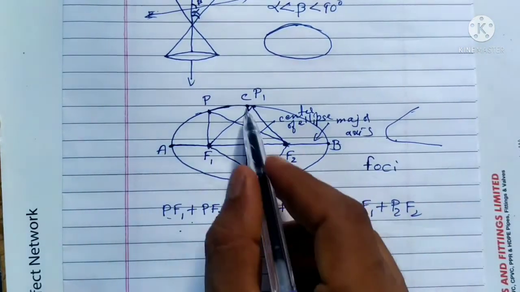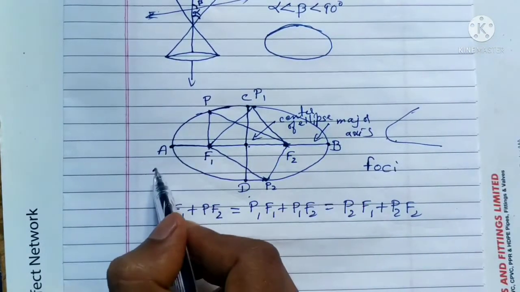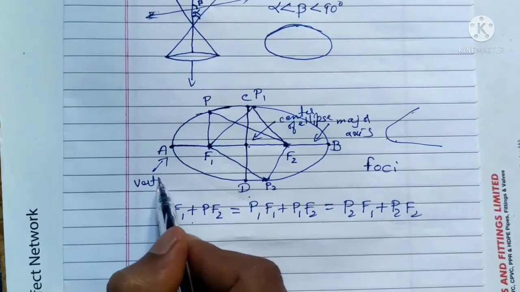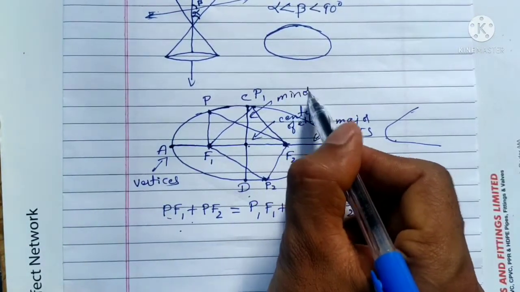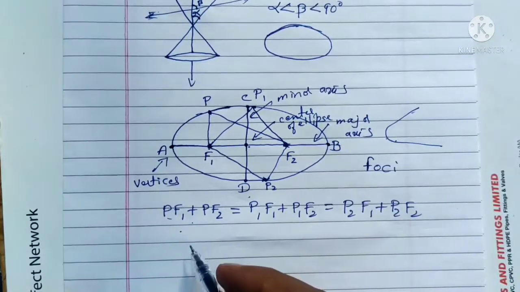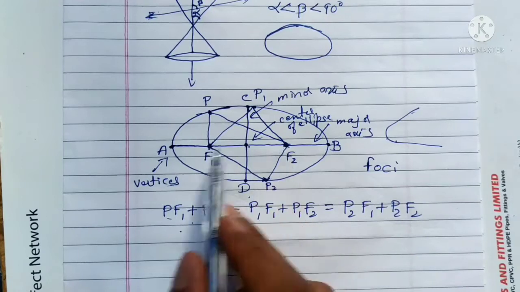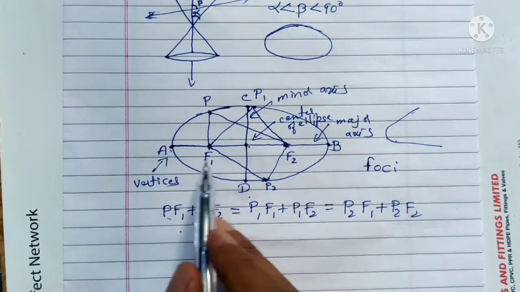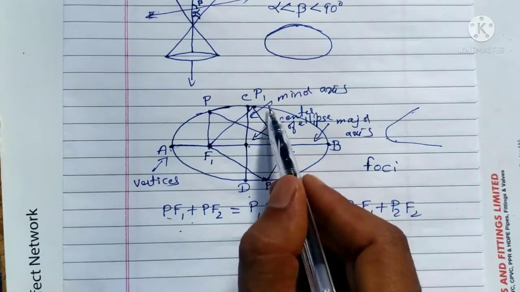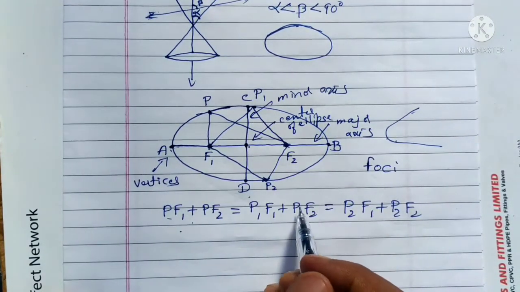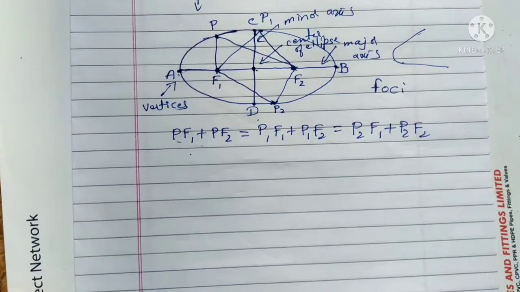The end points of the major axis are called vertices. So these are the different parts of the ellipse: foci, vertices, major axis, center and minor axis. This is all about the basic concepts of the ellipse.